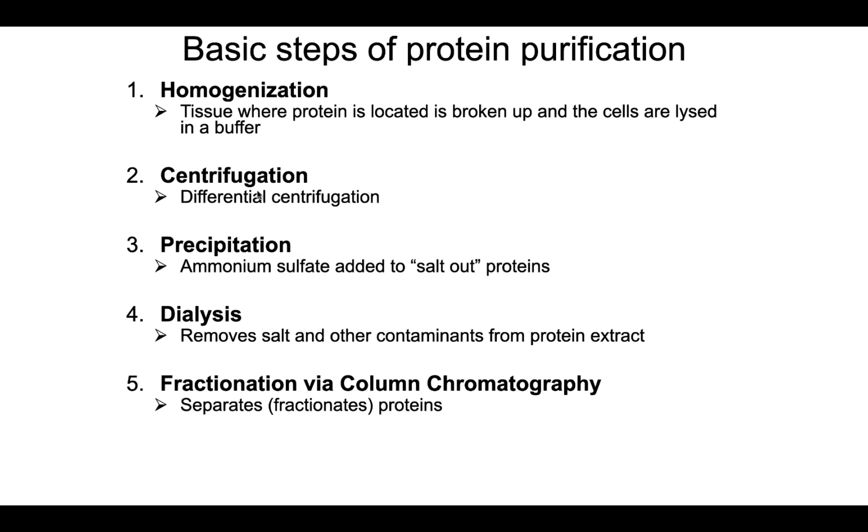Now, there's still going to be lots of other proteins contaminating your protein of interest, and so that's what steps 3, 4, and 5 are, and we're going to go into each of those in a little bit more detail now.